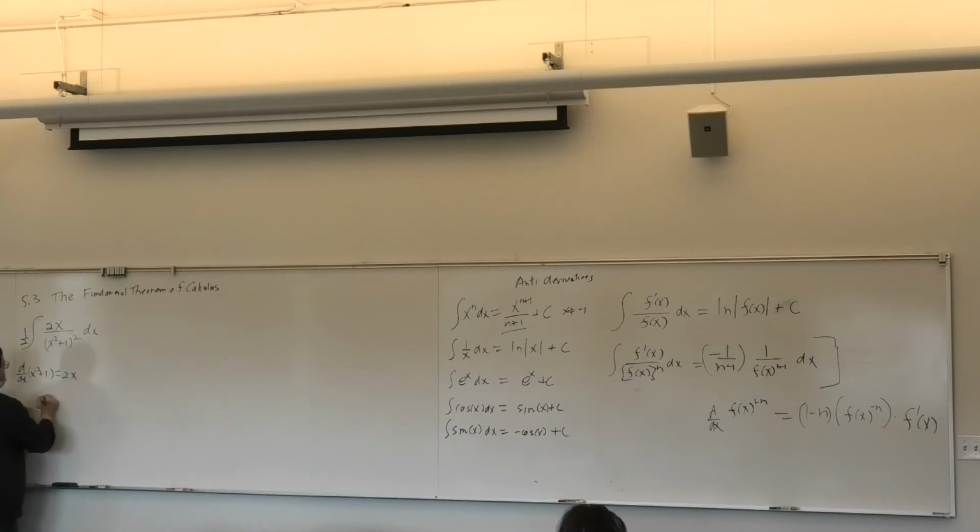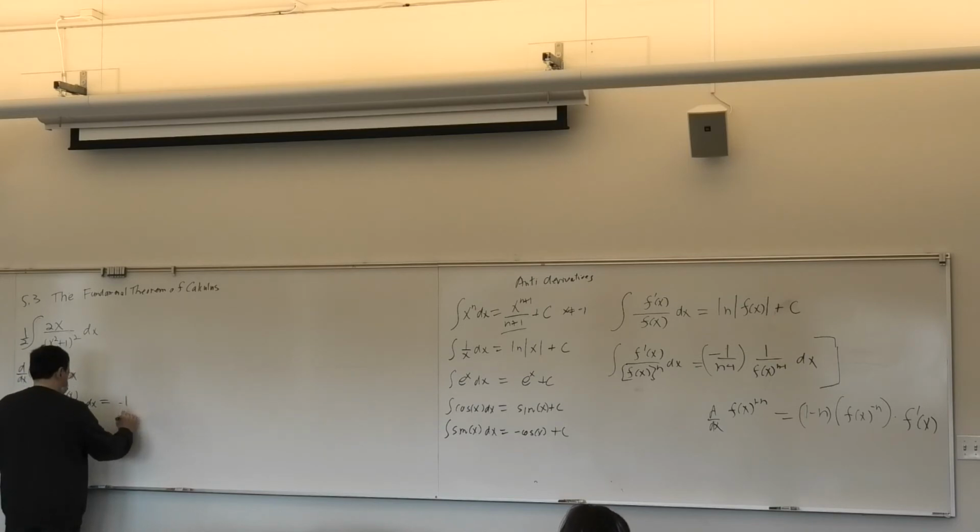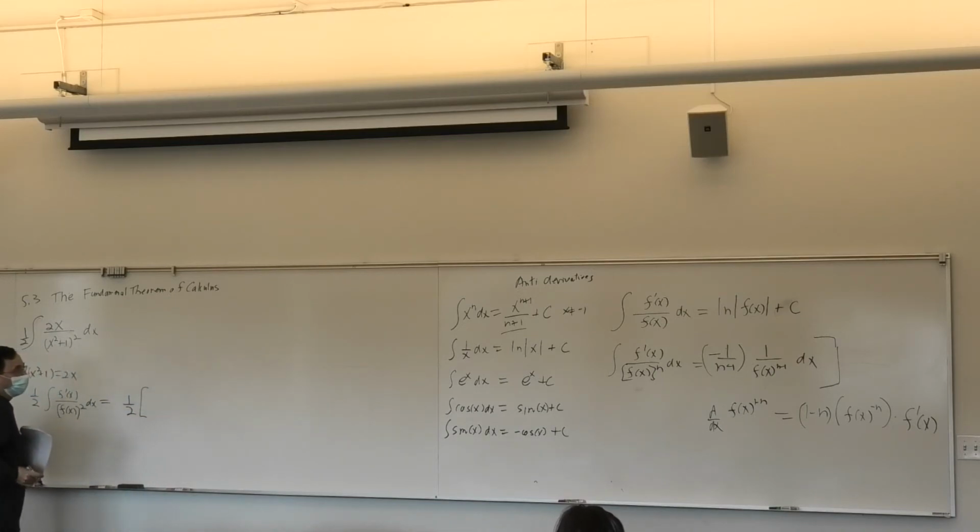So that gives me 1/2 the integral of f prime of x over f of x squared. And using my formula, it's going to be 1/2 times minus 1 over n minus 1.